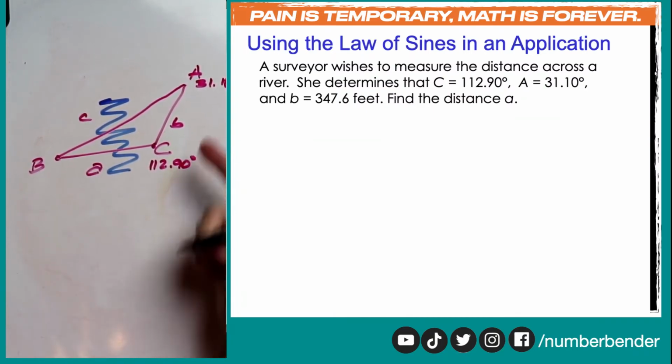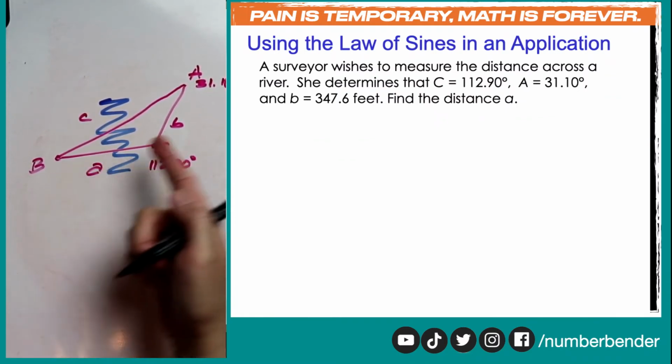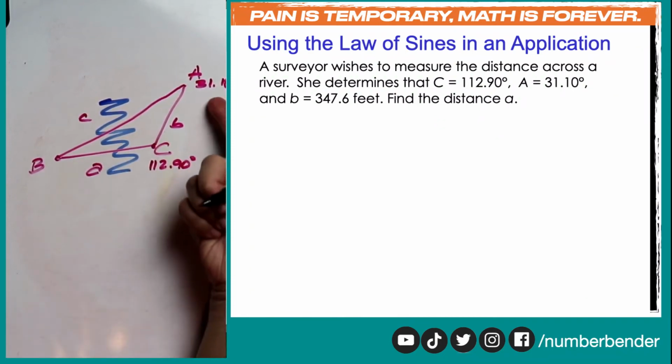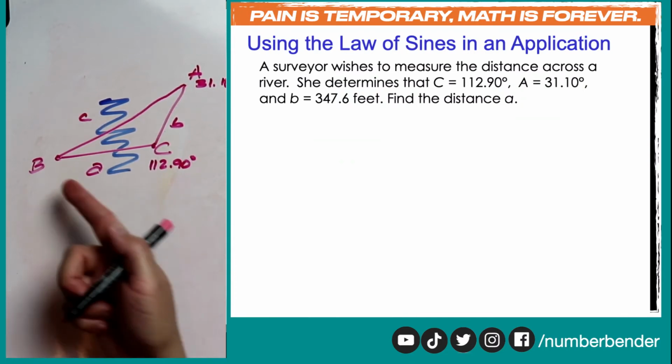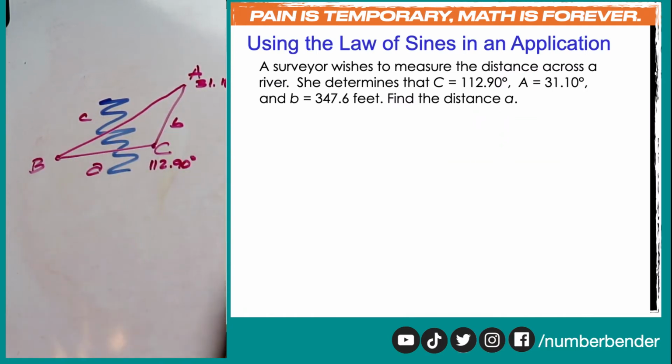In this case, we have no angle B, but we can easily find angle B by adding 31.10 and 112.9, subtracting it from 180, and we will find B using the sum of interior angles of a triangle.